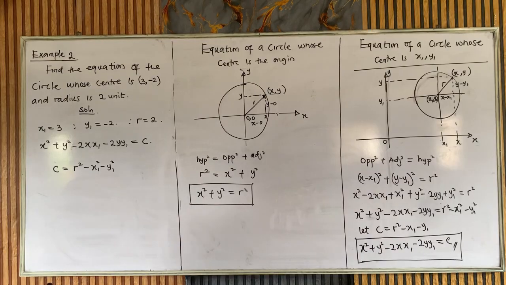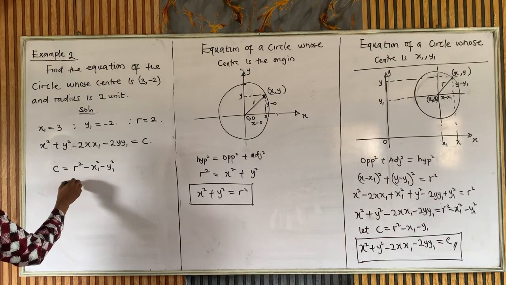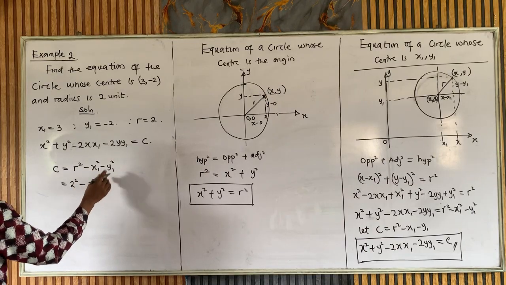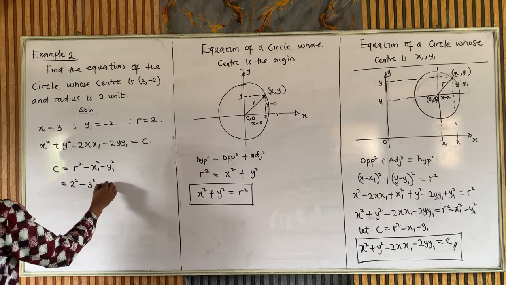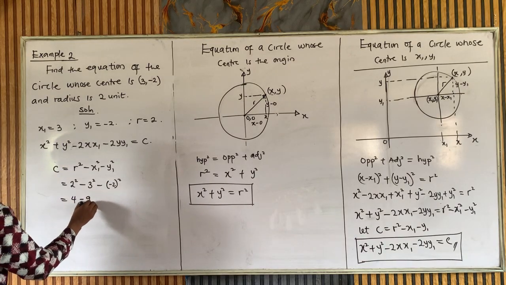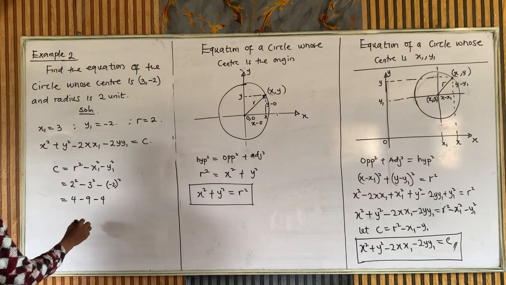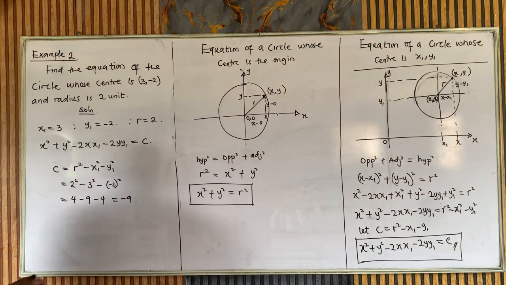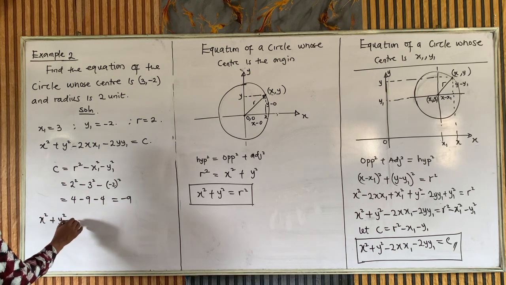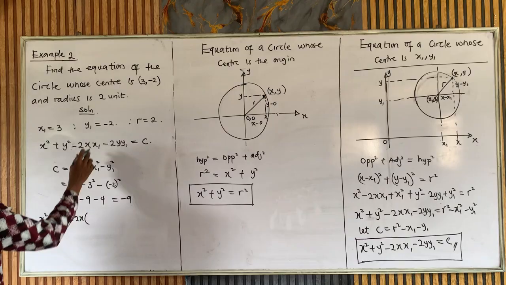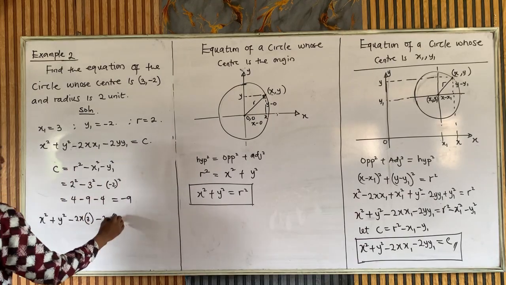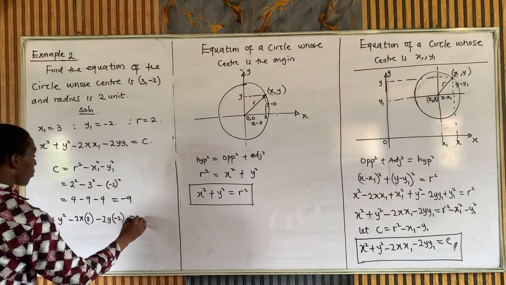And so, how do we get this now? We are given our radius. That's 2 squared minus our x1 is 3 squared minus our y1 is minus 2 squared. This will give us 4 minus 9 minus 4. And that will give us minus 9. And so we have this to be x squared plus y squared minus 2x into our x1 is 3 minus 2y into our y1 is minus 2 is equal to c.